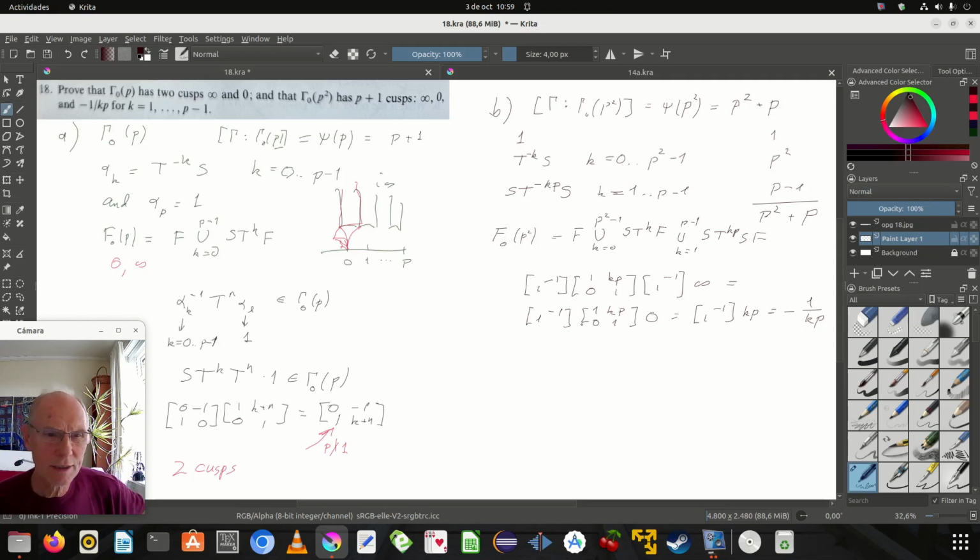I wonder if that's simply connected. But never mind that for the time being. So those are the possible cusps for k going from 1 to p minus 1. We need to show that they disagree altogether.